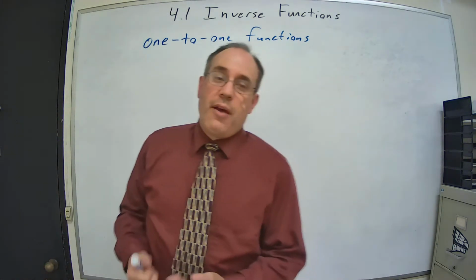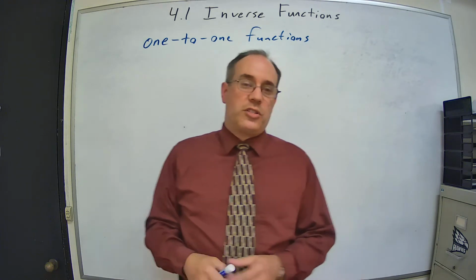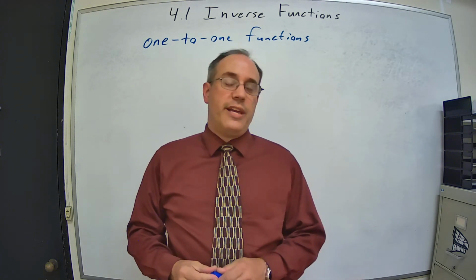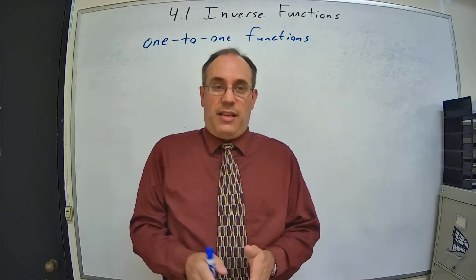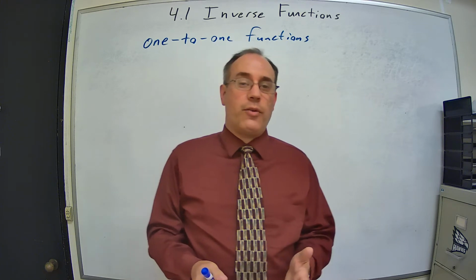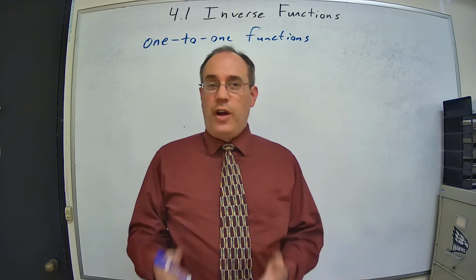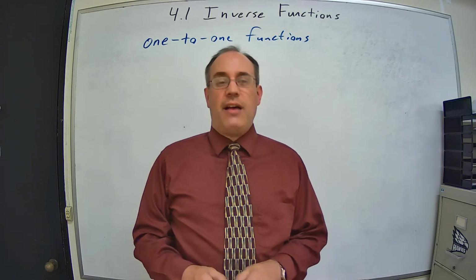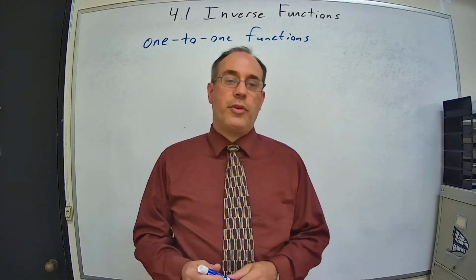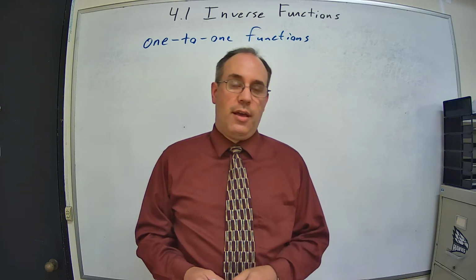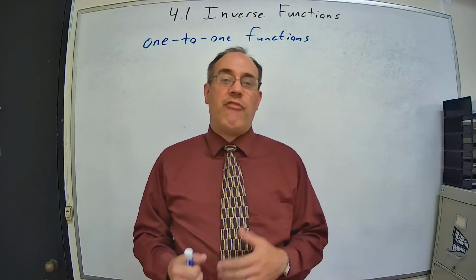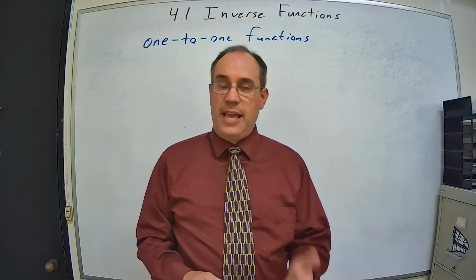If you remember that when we first talked about functions, we started out with relations. And we said a relation just was something that gave you an x value and a corresponding y value, or an input and a corresponding output. Whereas a function was specific that for each input there could only be one possible output. But you could have multiple inputs going to the same output.